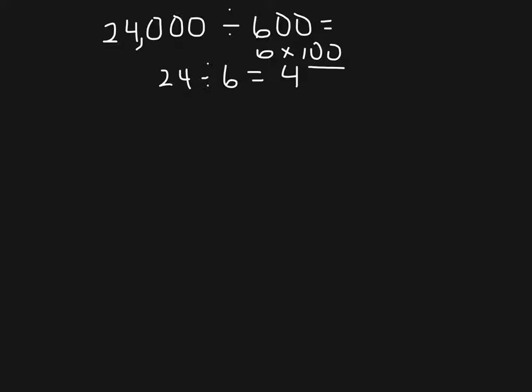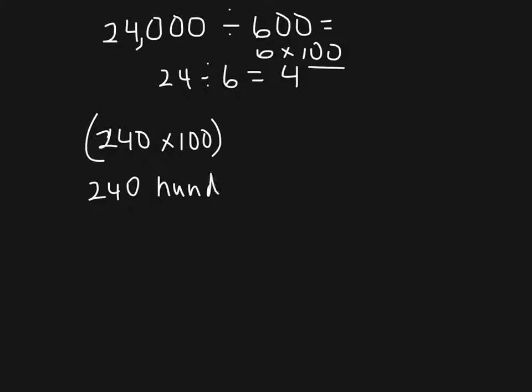Well, the answer to that is 240 times 100, right? Or 240, I could also write it out, 240 hundreds in unit form. And I'm going to divide it by 6 hundreds.